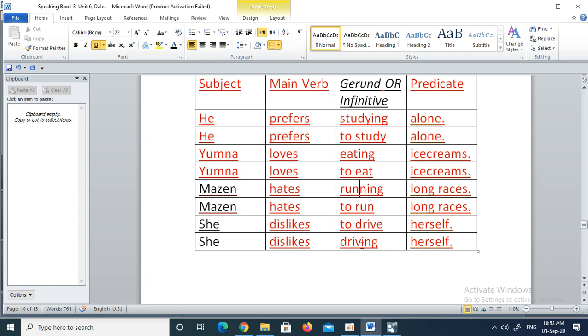I have used running and driving in the third block, but you can make any gerund you like with the base verb plus ing. And if you have an optional predicate, then your sentences should be fine.